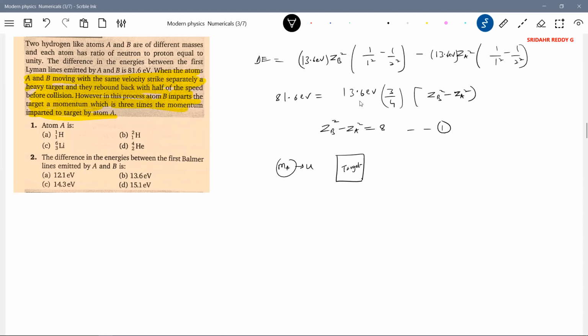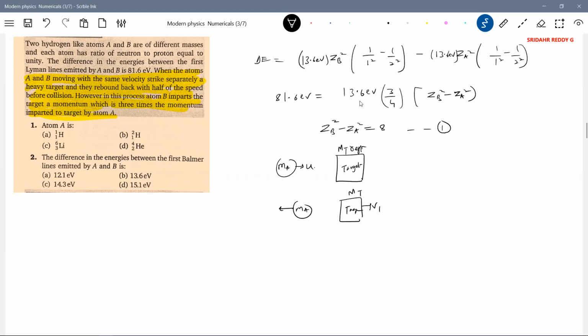The target will have certain mass, mt. It will impart a momentum, and initially it's at rest. So then finally it will be in motion. It will rebound with half of the speed.